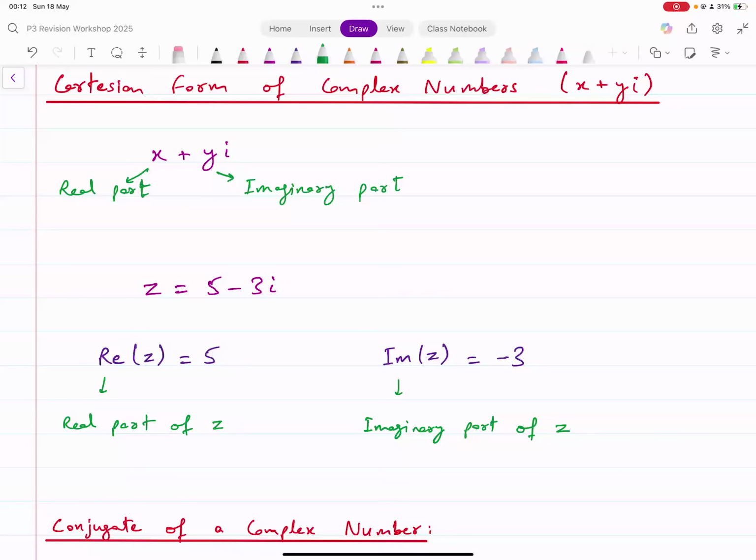So we say the imaginary part of z is just -3. These are the notations we have for real part and imaginary part. Now, we often represent complex numbers using letters like z, u, v, because x and y we use for real numbers generally. So for complex numbers, it's a convention that we use letters like z, u, v, other than x, y.